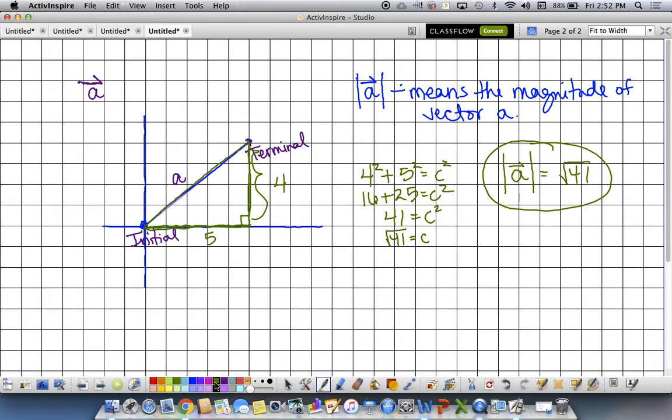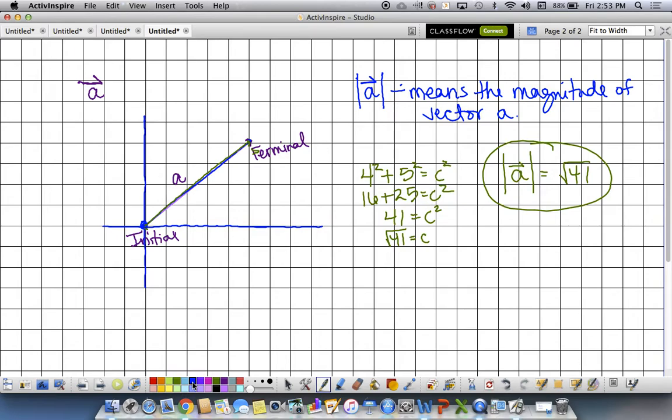Could I have used the distance formula? Of course, Miss Evans, and without drawing the triangle. So I'm going to go back and attempt to take away the triangle. I'll draw the blue line back, I promise. Could I have done the distance formula?